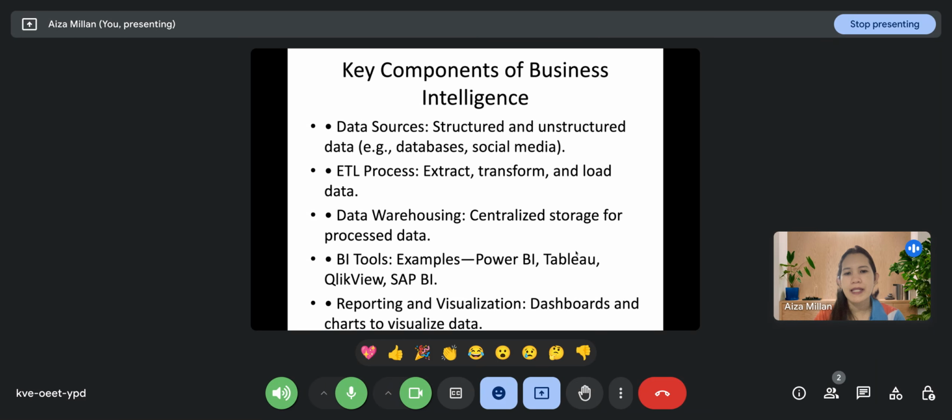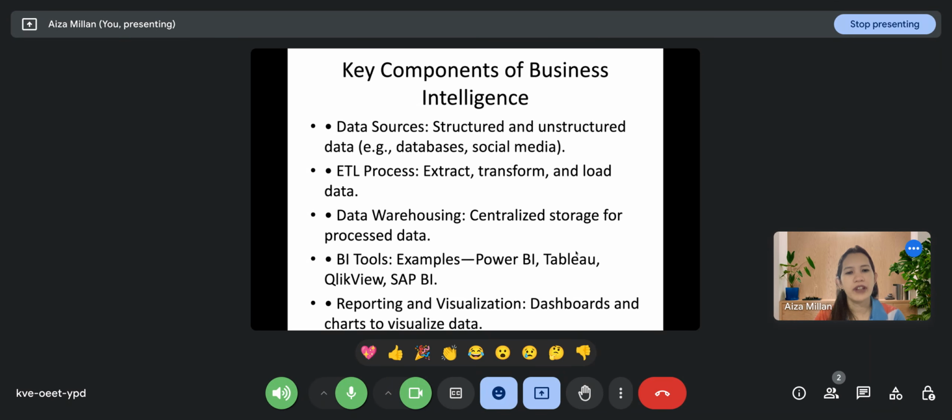Data warehouses, centralized locations to store clean data, and dashboards and visualizations, which help decision makers understand trends and patterns quickly. For example, a retail company might use BI to analyze customer purchase trends and stock popular items accordingly.